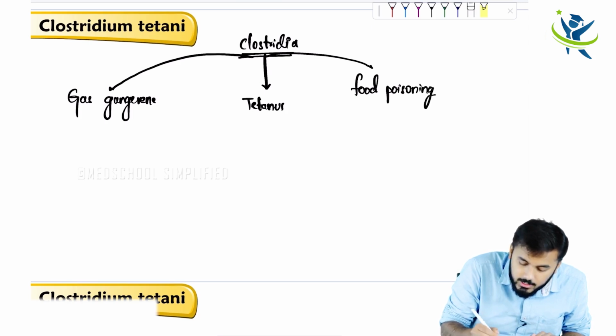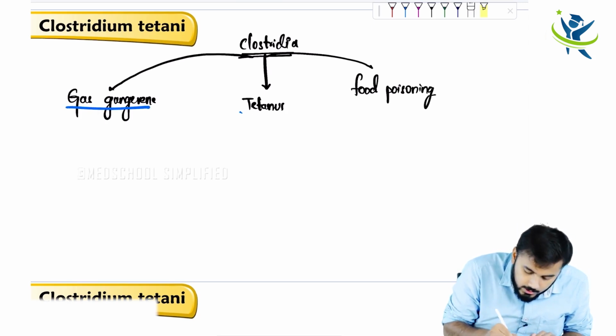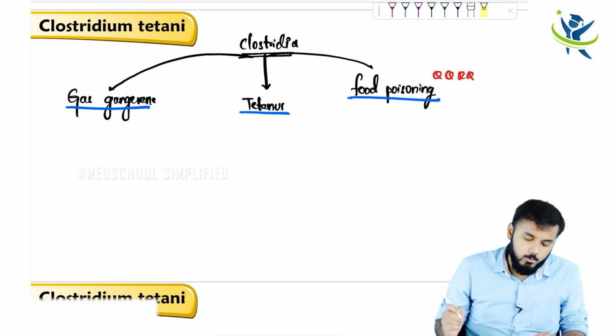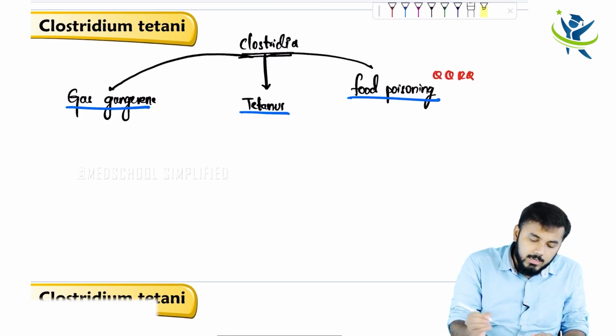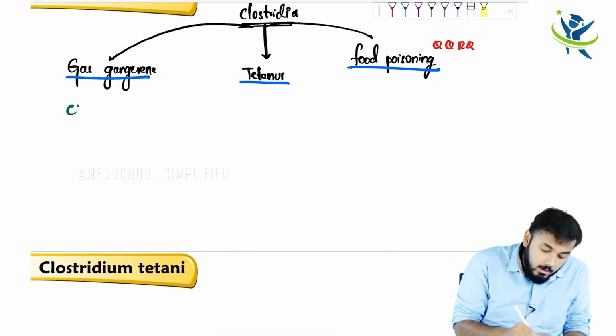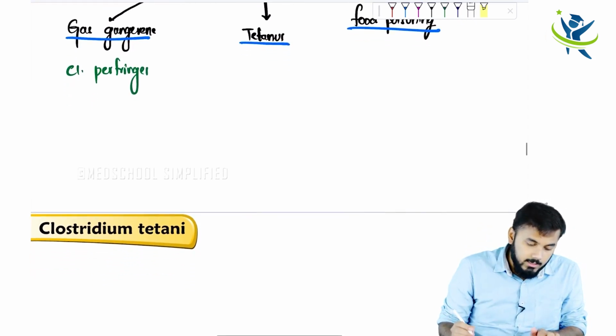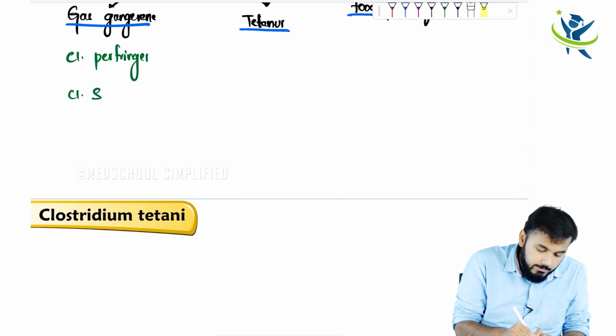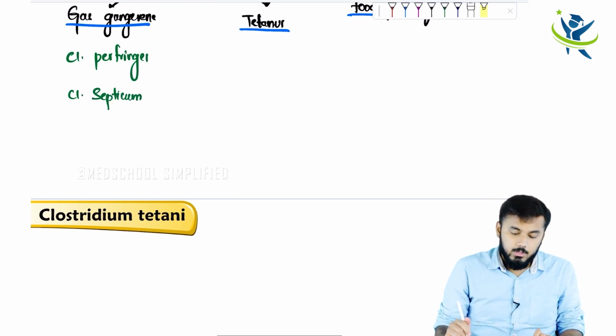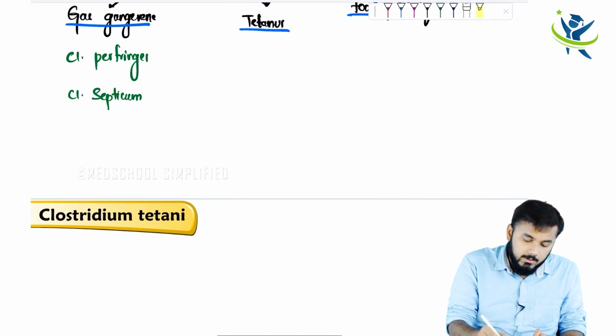Out of all these three, the very important one is this one. So what are the Clostridia that are causing gas gangrene? Clostridium perfringens. Not only that, even Clostridium septicum.